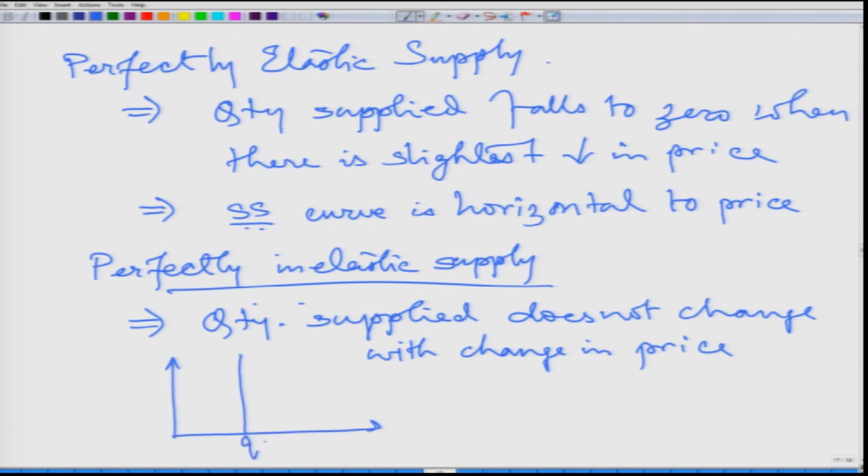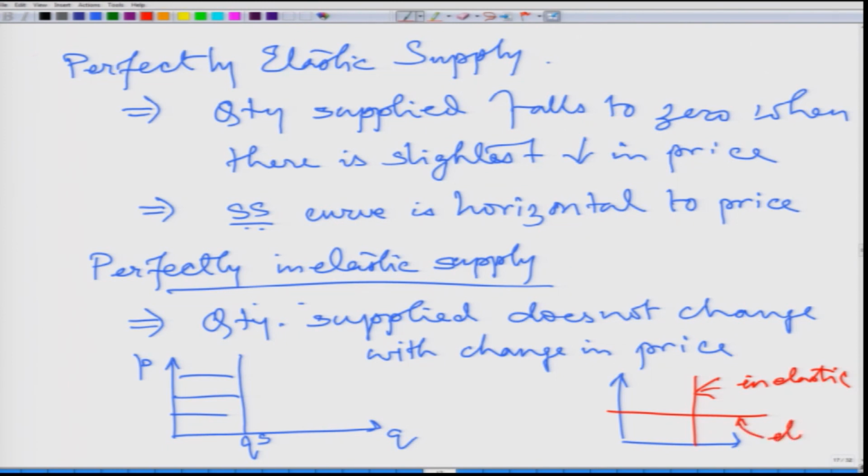That means the quantity supplied remains the same even if the price is changing. These are the two extremes: this is perfectly inelastic and this is perfectly elastic.